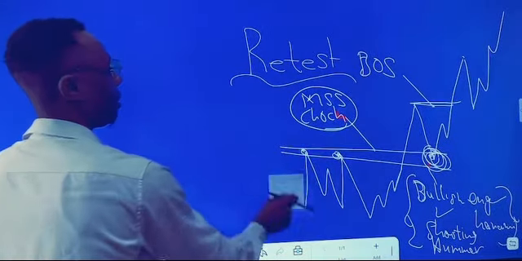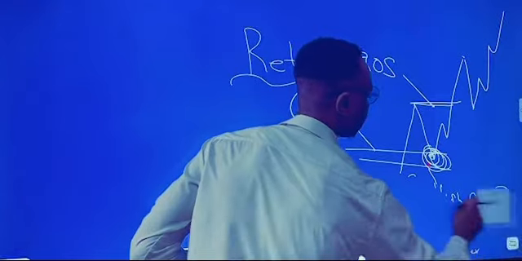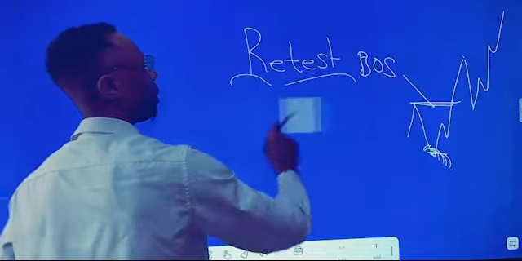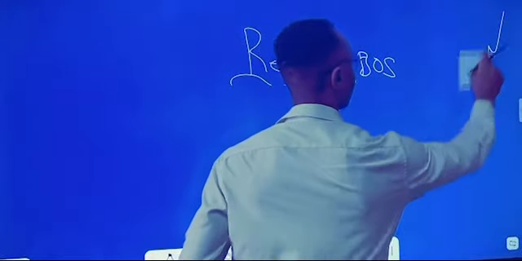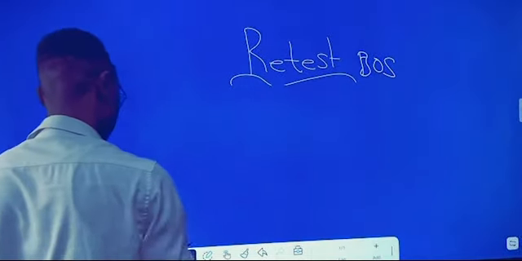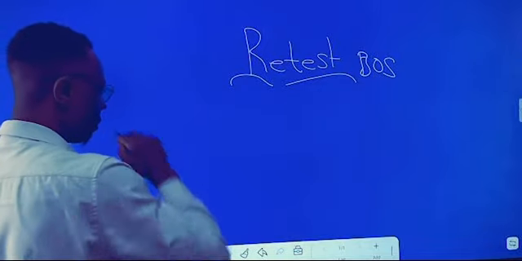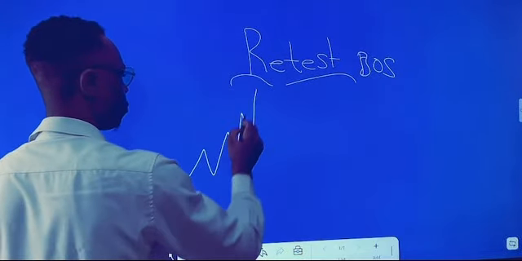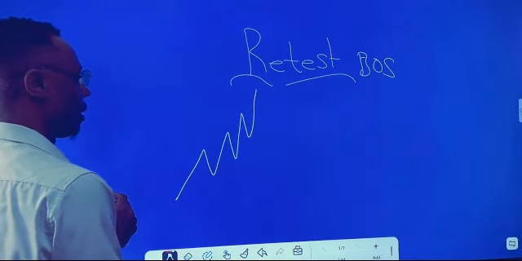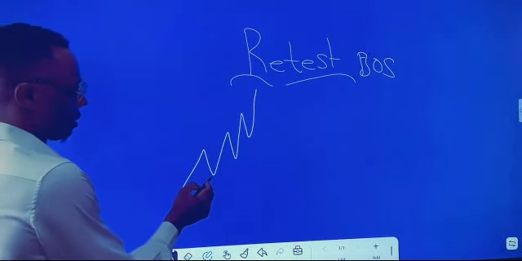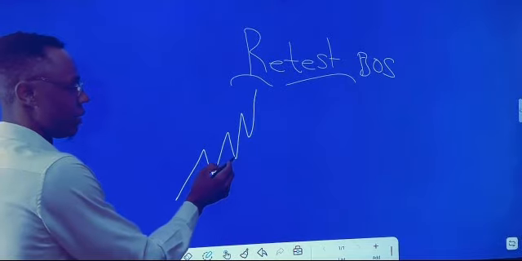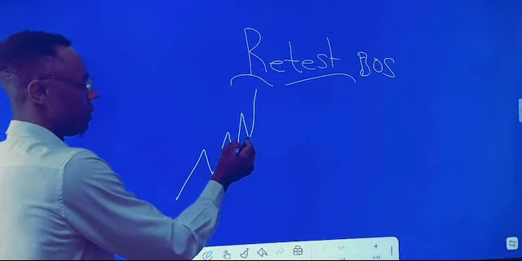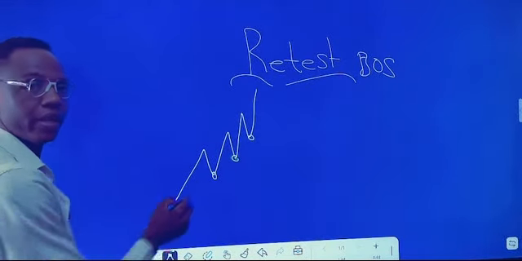All right, let's talk about trend line, break and retest. So we have the market in the bullish direction, touching the trend line several times. This is your rejection area. So this is your key area.